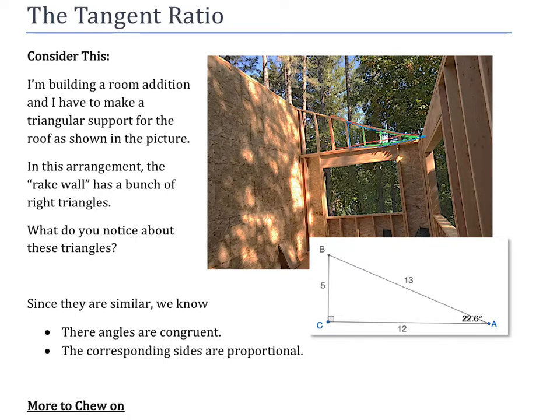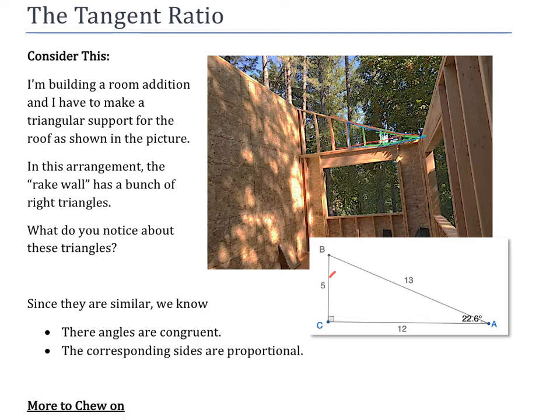And it turns out that the way this house was designed is that it has what we call a 5-12 pitch, which means if we go a rise of 5, we have a run of 12. What is that rise and that run? Oh yeah, that's slope, right? So the pitch of a roof is just a slope, and we call it 5-12. That means if we go up 5 inches, we're going to go over 12 inches.